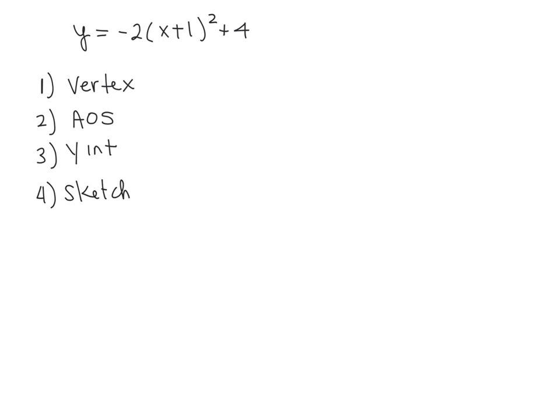Given a graph of y is equal to negative 2 times x plus 1 squared plus 4, find the vertex, axis of symmetry, that's AOS, y-intercept, then sketch the graph. We already talked about the vertex form, and this is somewhat in the form of the vertex form. We have y is equal to a times x minus h squared plus k, which has a vertex at h and k.